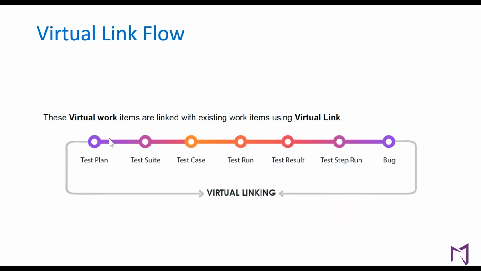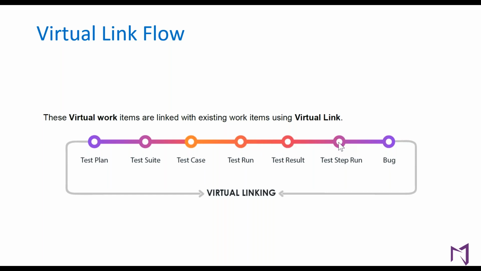The other way of looking at these virtual work items and links coming together is you have a test plan connected to test suite. We create this virtual link, test suite connecting to test cases, again through a virtual link. Test runs have now become virtual work items with virtual links. The test case execution or test results of it become a virtual work item with virtual links.